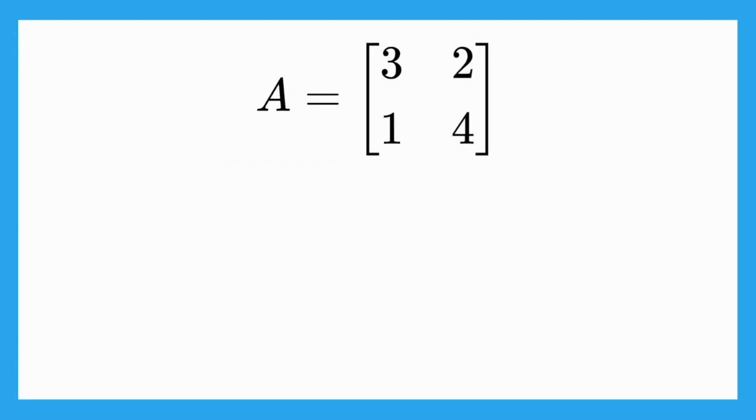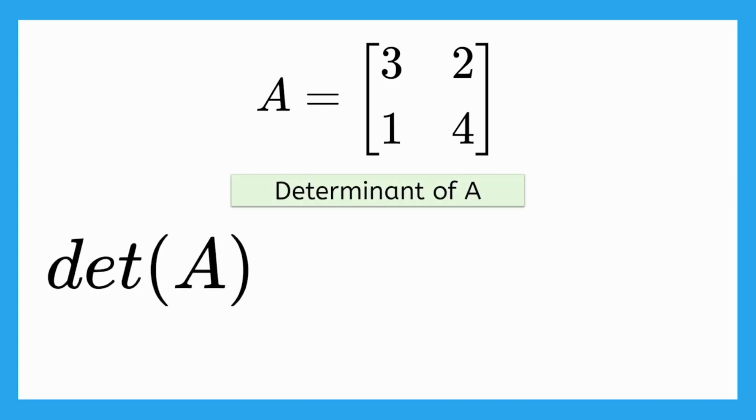There are several ways to notate the determinant of a matrix. Let matrix A be the 2 by 2 matrix, 3, 2, 1, 4. The determinant of A can be written as det of A, where the letter inside the parentheses indicates the name of the matrix.